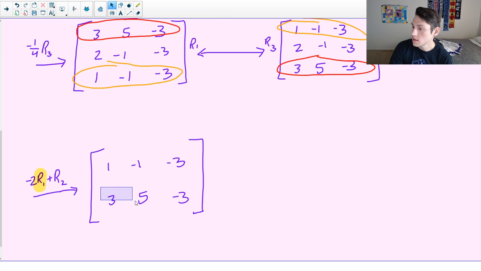The only thing really changing is row 2. We always know when we see this notation, the second row listed is the one that changes.